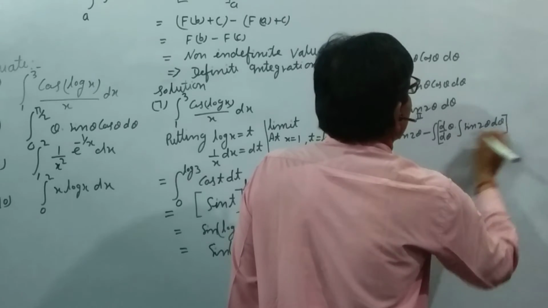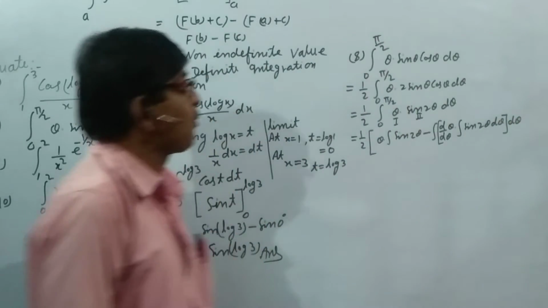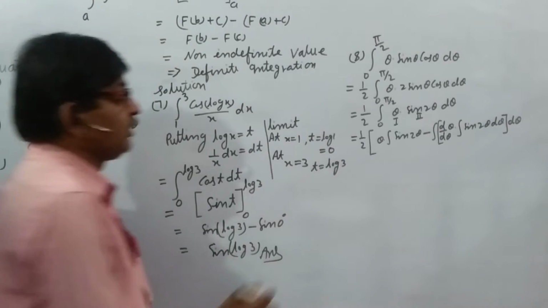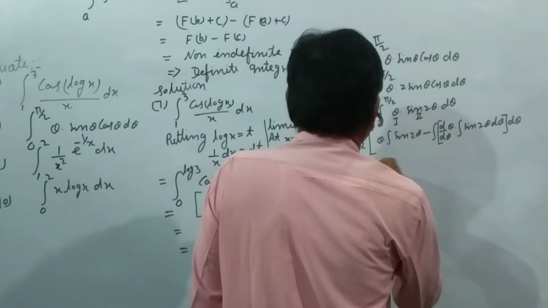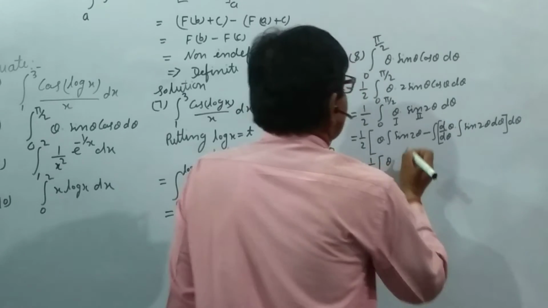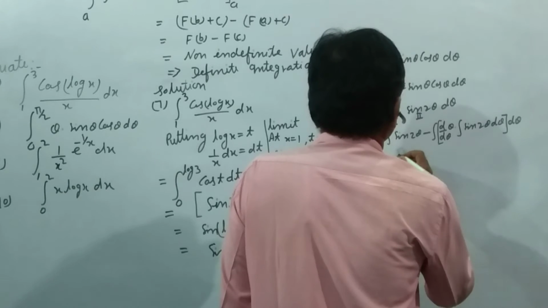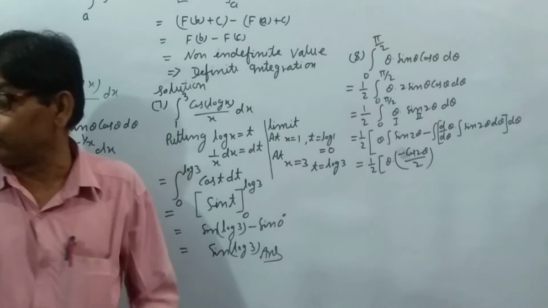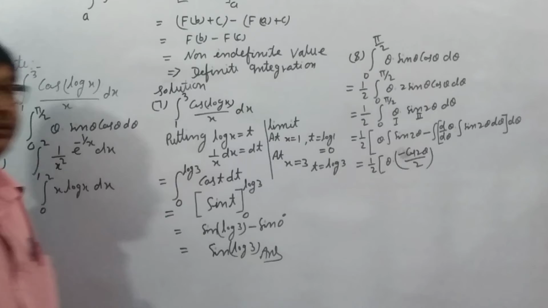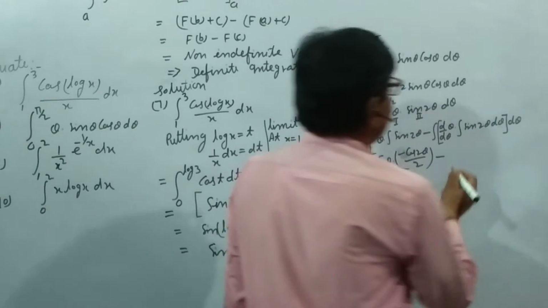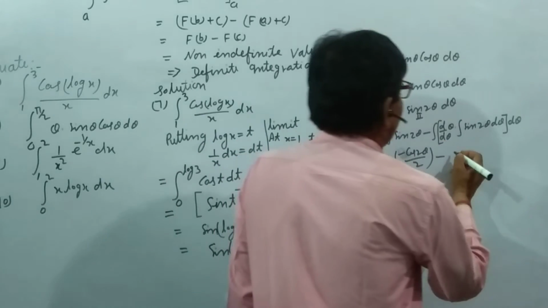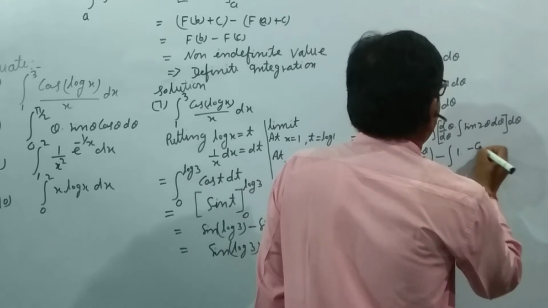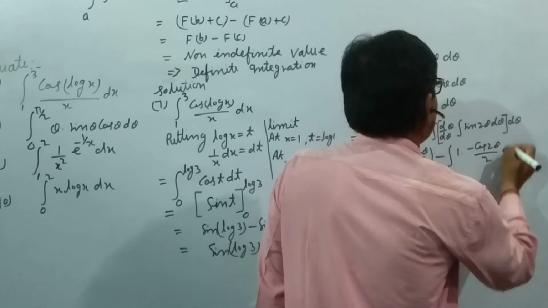As you know, the integration of sin 2 theta is minus cos 2 theta by 2, so 1 by 2 theta times minus cos 2 theta by 2, minus integral of d theta by d theta, which is 1, times minus cos 2 theta by 2 d theta.